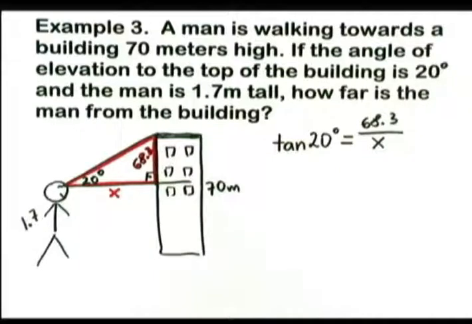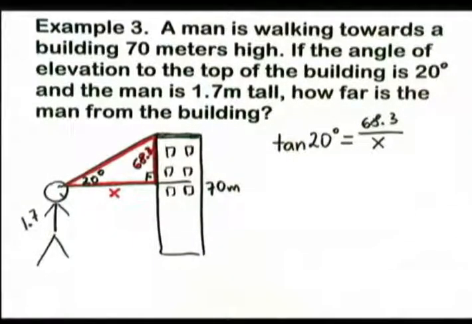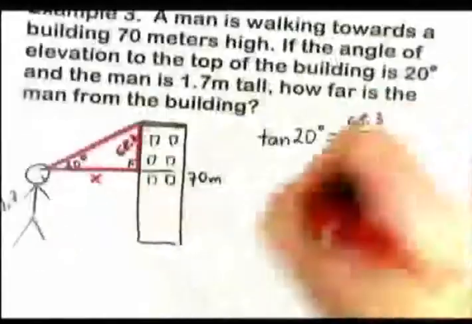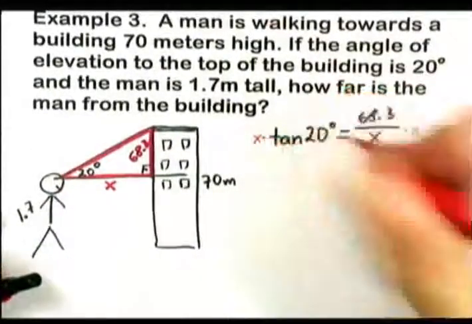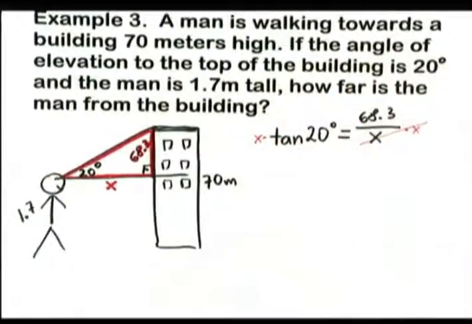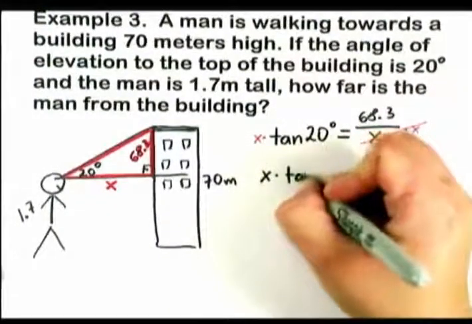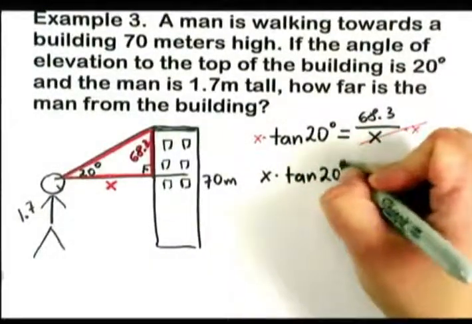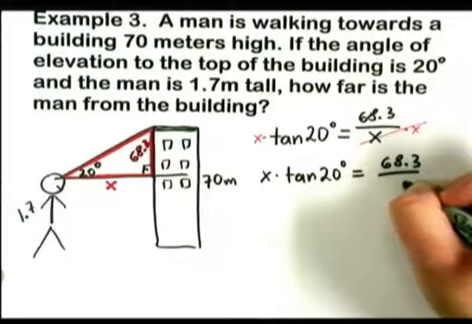So now we can multiply times x both sides. X and x reduce, so what I'm getting is x times tangent 20 degrees is equal to 68.3 over 1.